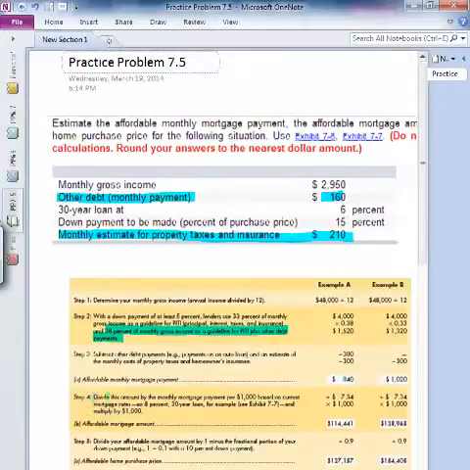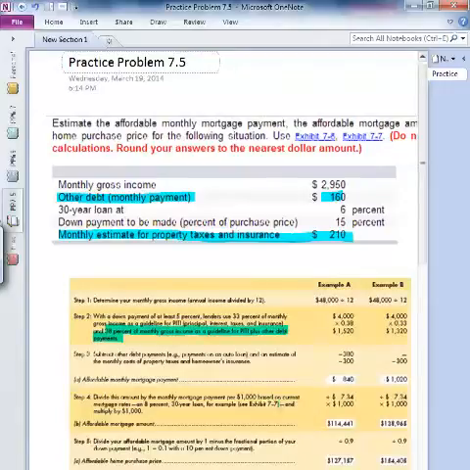So I divide this number by the percent that I'm looking for. Down here, my term rate is 6% and I'm at a 30-year loan. This ends up being 6 exactly, but it's not coming from the 6%, it's coming from this table, so you want to be careful here.